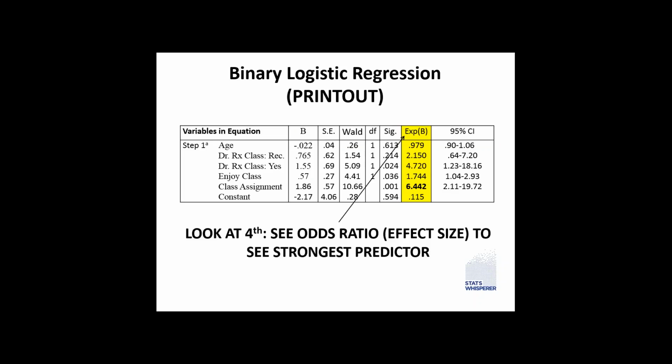It's bolded, it's 6.44. So what we would say is that people assigned to evening classes are almost 6.5 times more likely to attend class 3 or more days a week, relative to those assigned to morning classes.